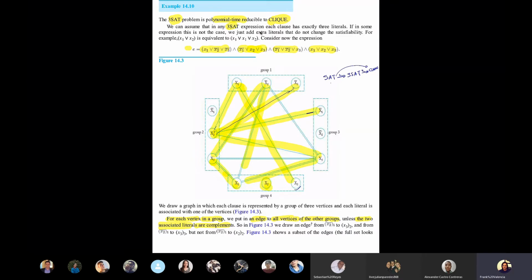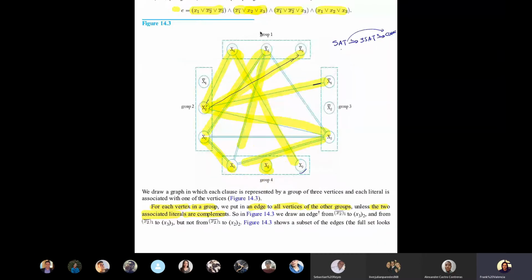Just if that's not clear: for each vertex in a group, we put an edge to all vertices of the other groups, unless the two associated literals are complements.